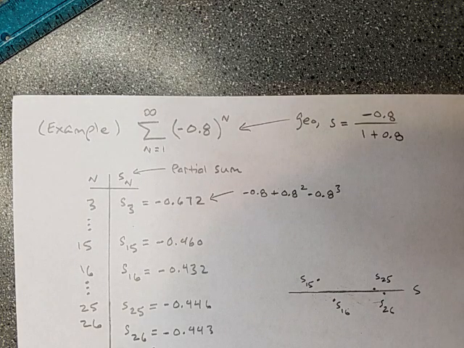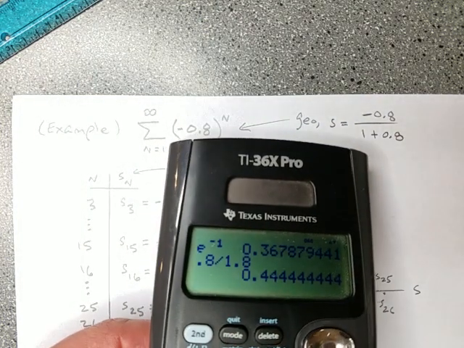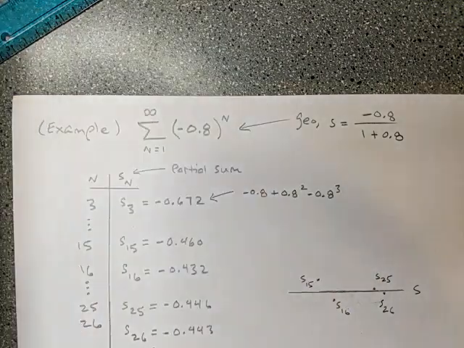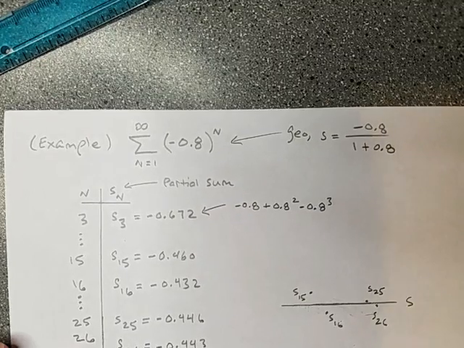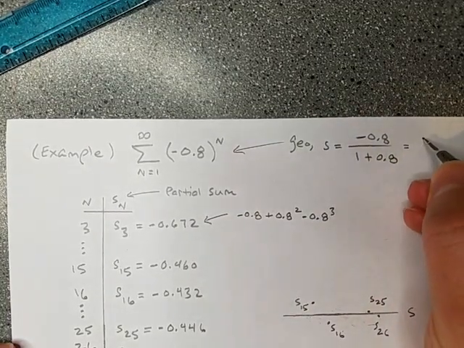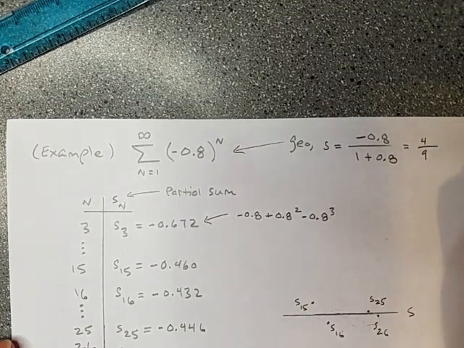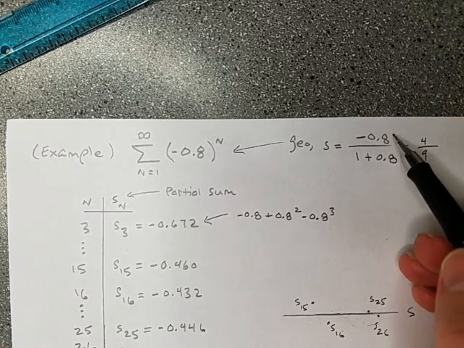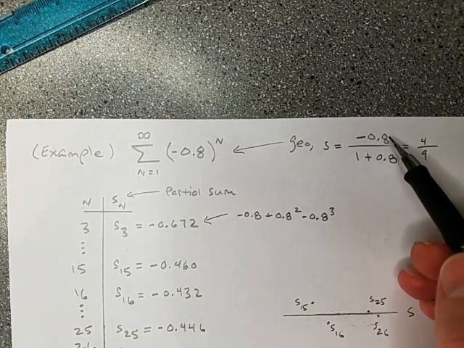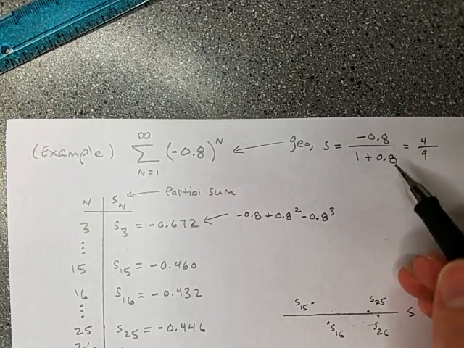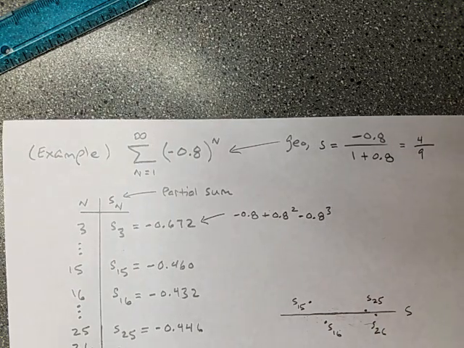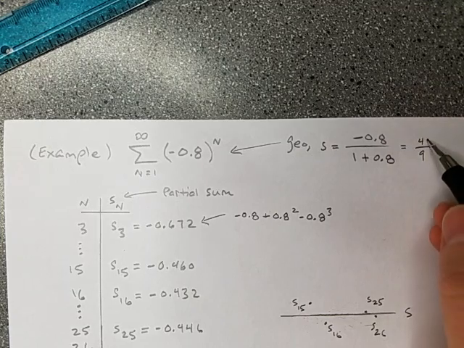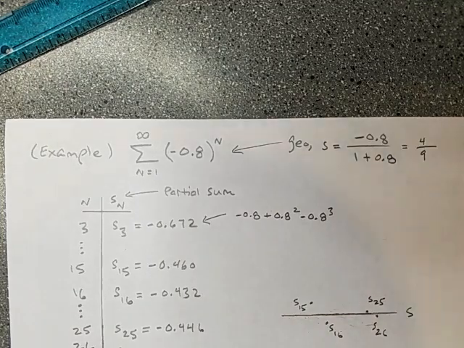And I get negative 0.4444 repeating. And I guess if you wanted a fraction, it'd be negative 4 over 9. That's 8 over 10, and then this is 18 over 10. And we can divide, cancel. We'll get 8 over 18 and 4 over 9.